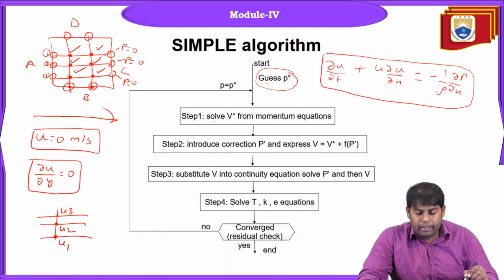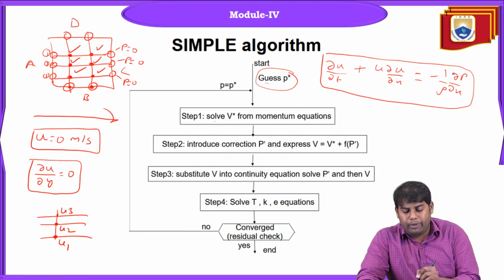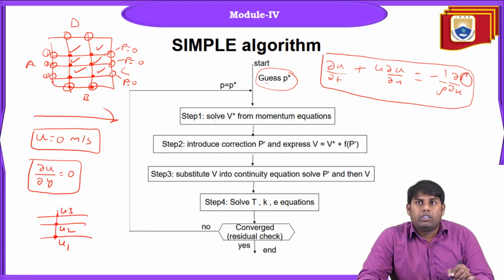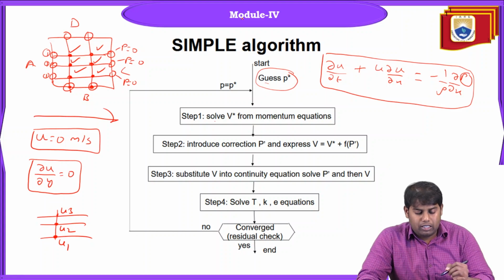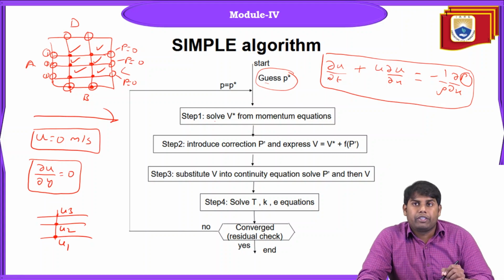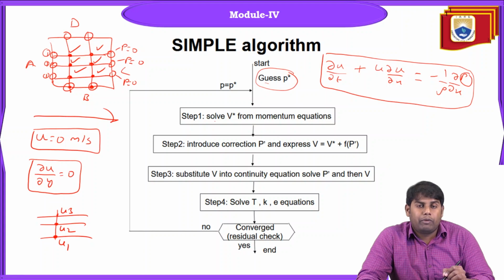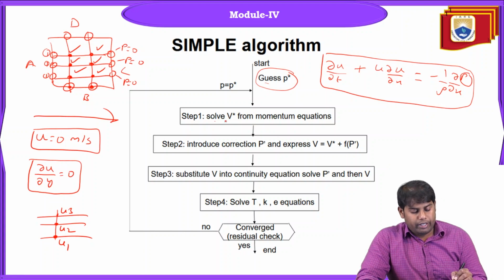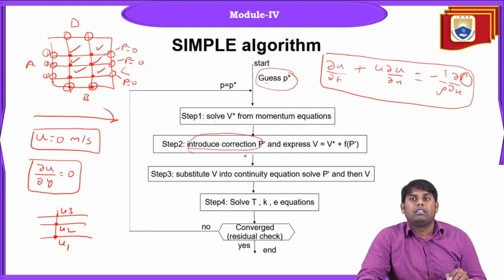Now what is happening? Here you will substitute the value of p star in this equation. When you substitute the value of p star, we will get the value of v star from the momentum equations. Then we introduce a pressure correction, p dash.